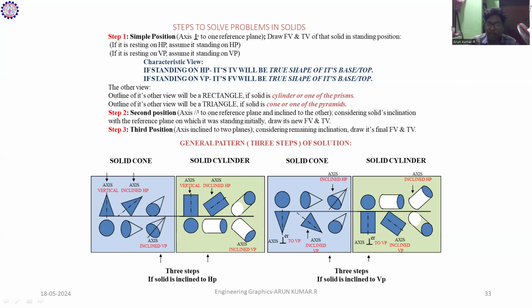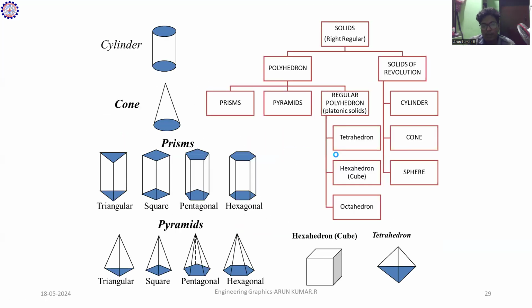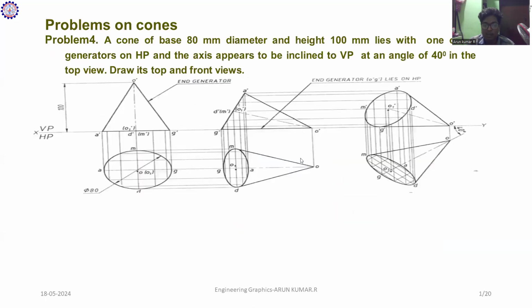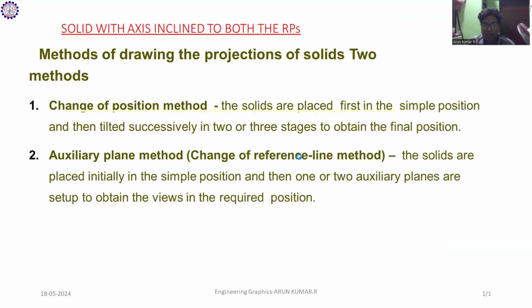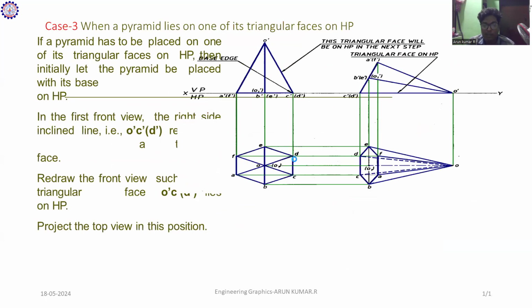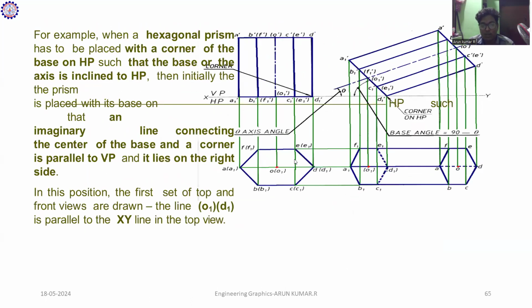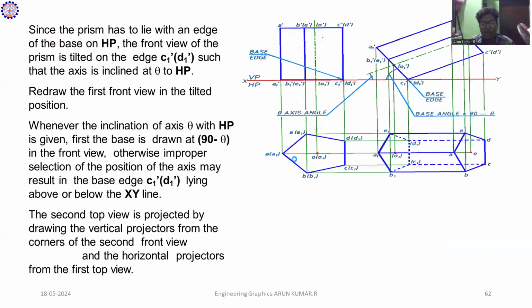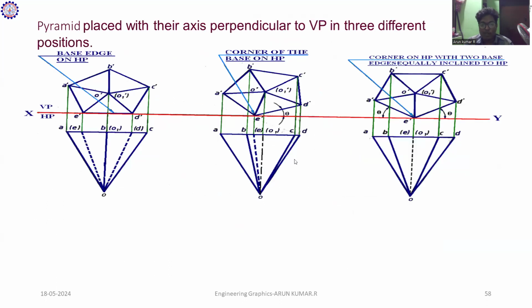In the previous class we discussed the three steps for solids inclined to HP, and in this class we have discussed inclination to VP. Let's move on to the basic conditions we have to draw. If you understand those concepts, solving numerical problems based on inclination to HP is very easy.